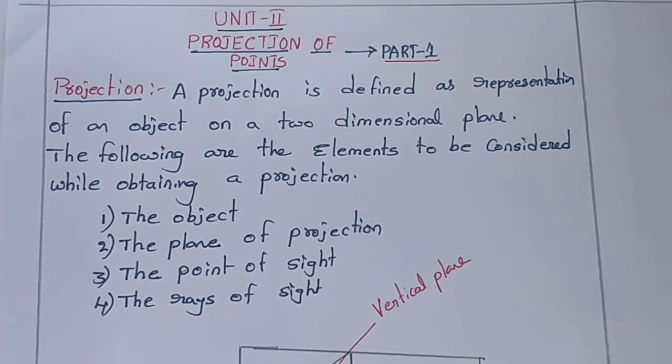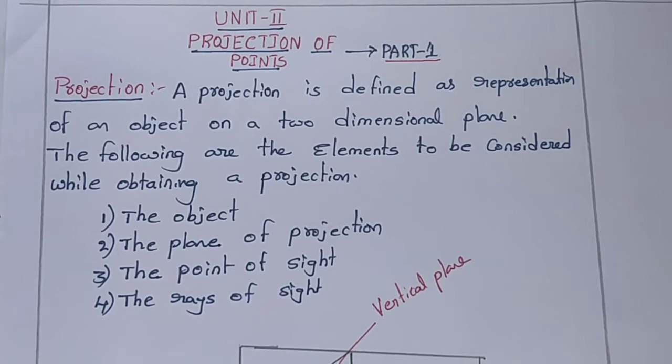In this second unit, we are going to learn projection of points, projection of straight lines, and projection of solids. Before going to this, we need to know what projection is.